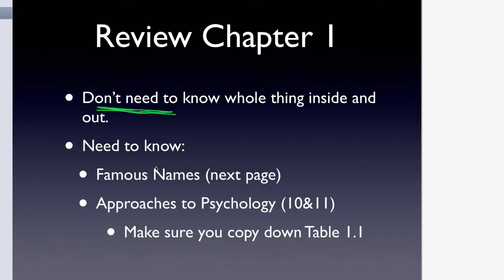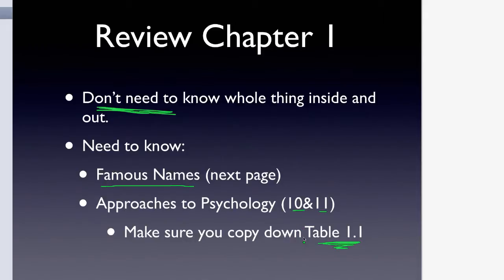What you do need to know are about three things. You need to know some famous psychologists, which I'll put down on the next page. There's more of them on the next page, but these are some you really should start getting a handle on right away, and you'll be tested on these. Then the approaches to psychology, which are on pages 10 and 11, and there's a table 1.1 on page 11.